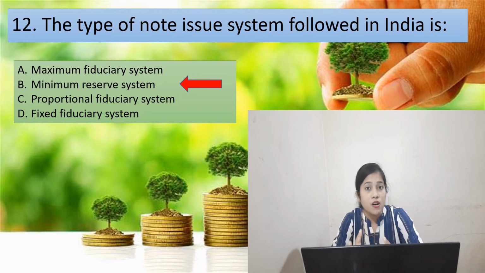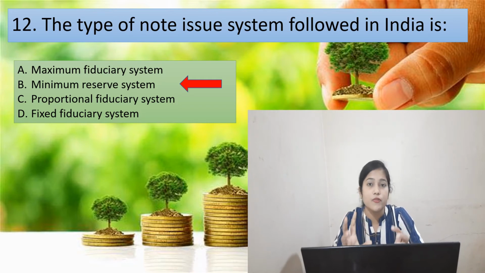Among that 200 crore there should be a minimum of 115 crore of gold reserve. Only if the minimum reserve is maintained is RBI able to perform its function. Getting my point? That is called the minimum reserve system, which is followed in India by RBI.